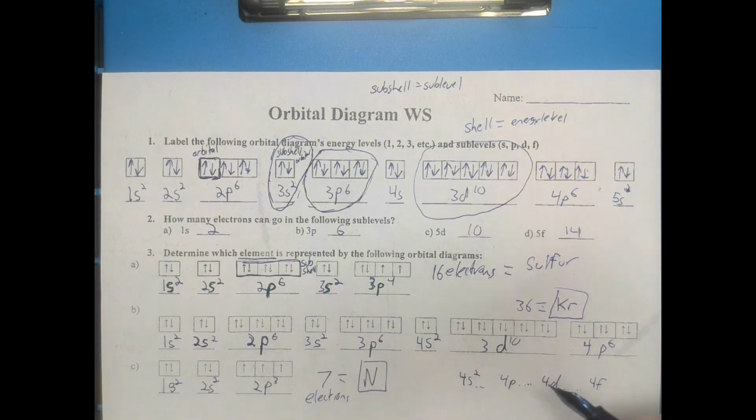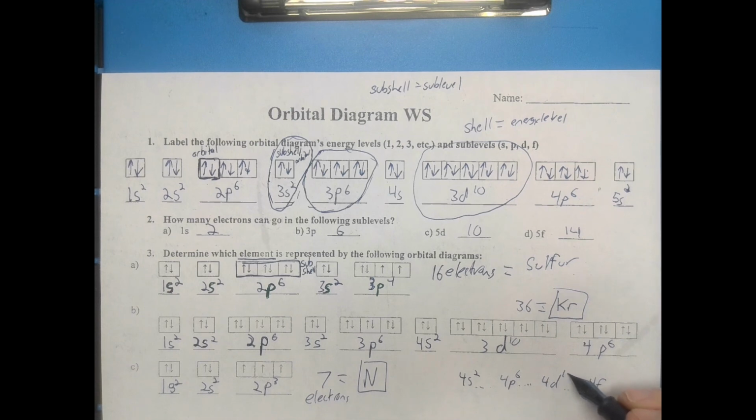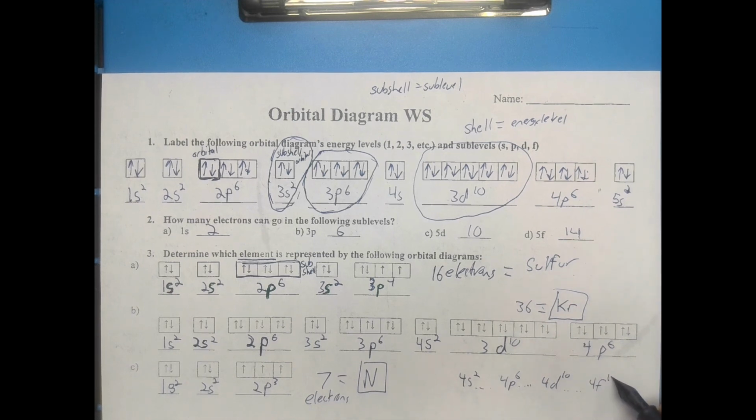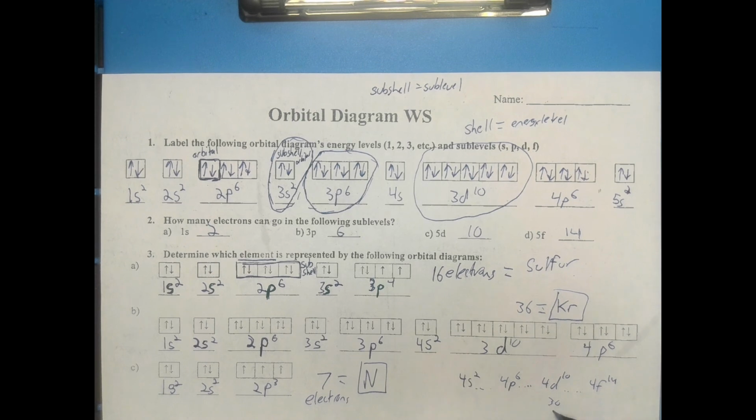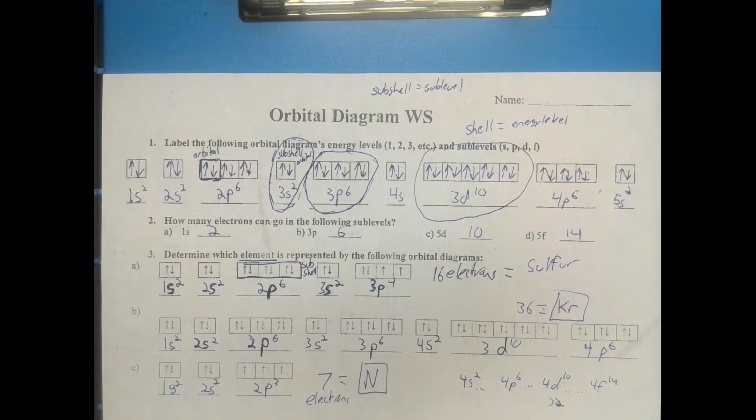So 2 can go in here, 6 can go in here, 10 can go in here, and F can have 14. So 6 and 14 is 20, 20 plus 10 is 30, and 30 plus 2 is 32. So a total of 32 electrons can go into the fourth energy level. And that'll be it for the test.